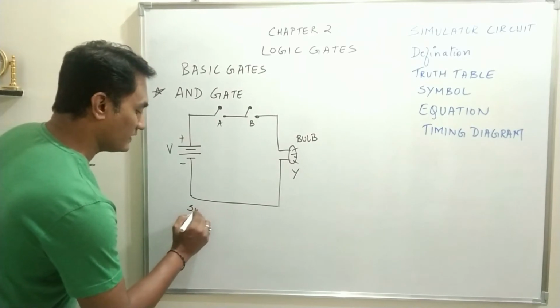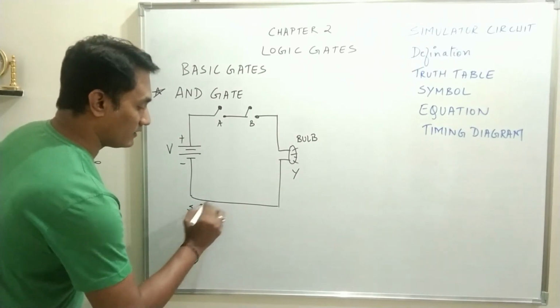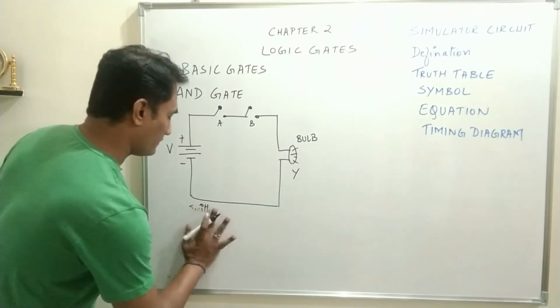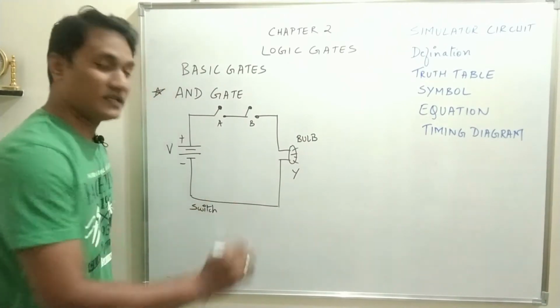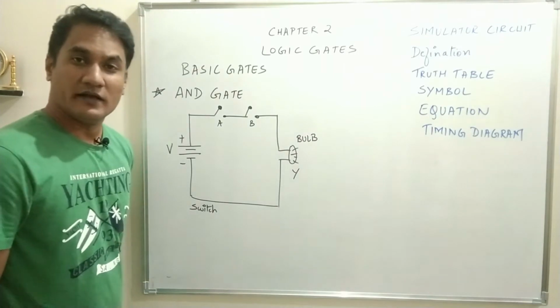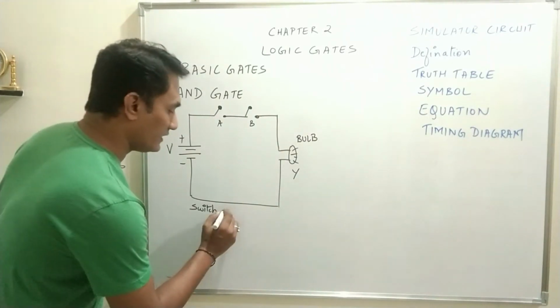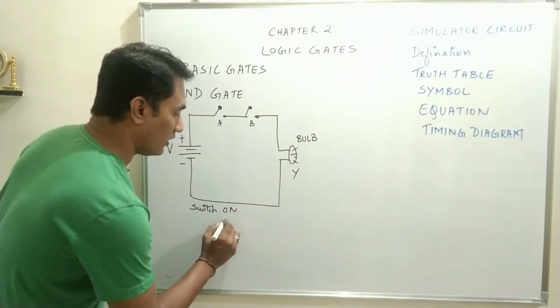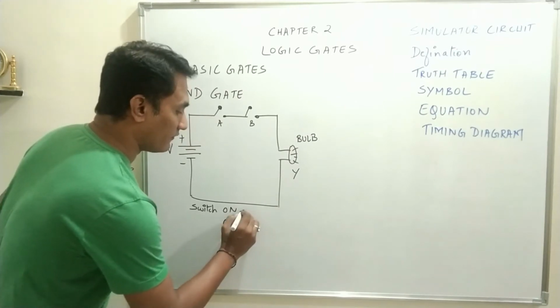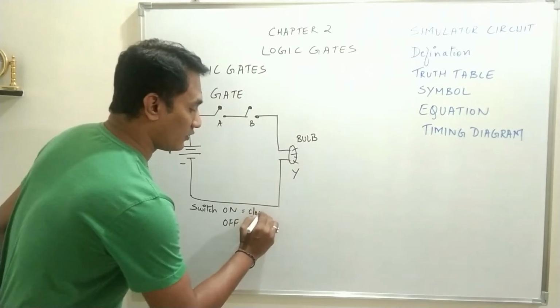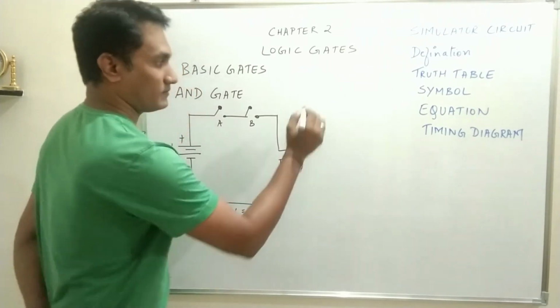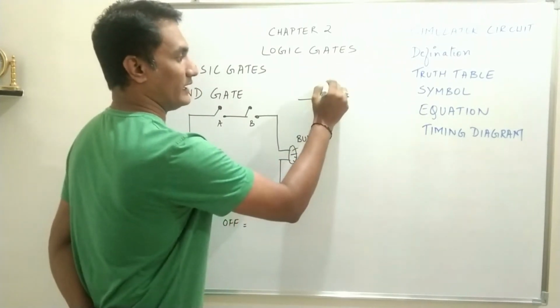Now the switch will be in only 2 conditions. Either it will be on or it will be off. When I say on, that means it is a closed switch. I'll just take an example and make you understand.